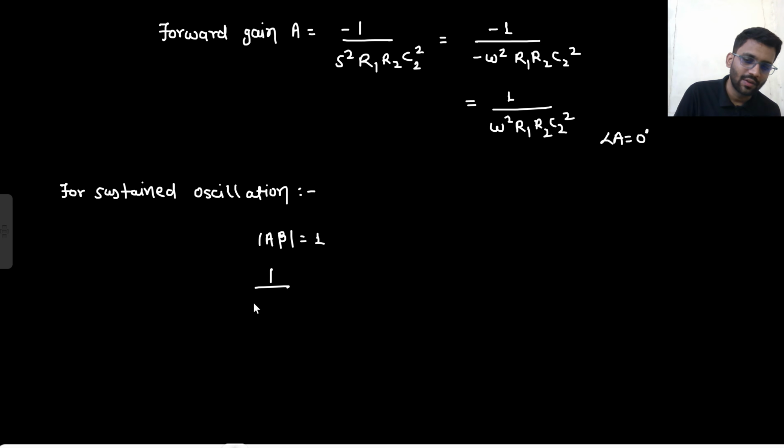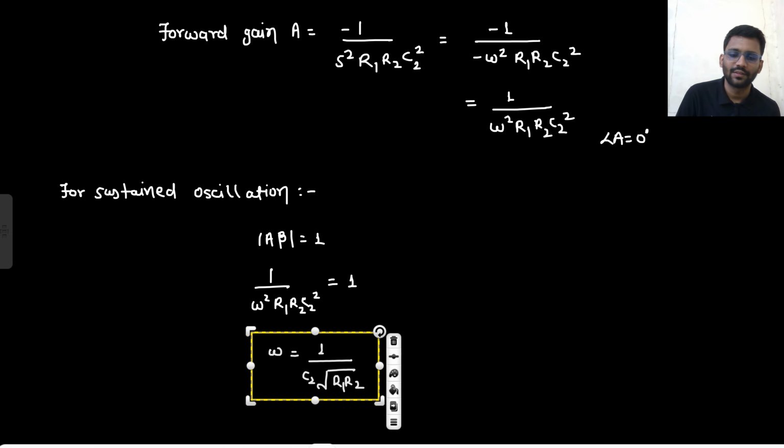That is 1 by omega square R1 R2 C2 square. That should be equal to 1. So what is the value of omega you will get? 1 by root R1 R2 into C2. Better I should write 1 by C2 into root R1 R2. This is the frequency of oscillations.